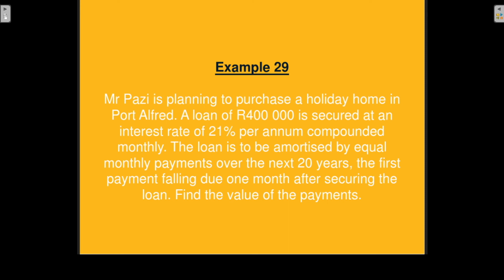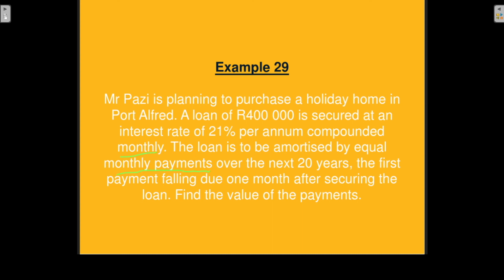When you get an example like this, first of all, you need to recognize it as an annuity. It is an annuity because he needs to repay this loan with regular equal payments. The second thing is to recognize it as a simple annuity, because the compounding period is monthly and the payments are also monthly.